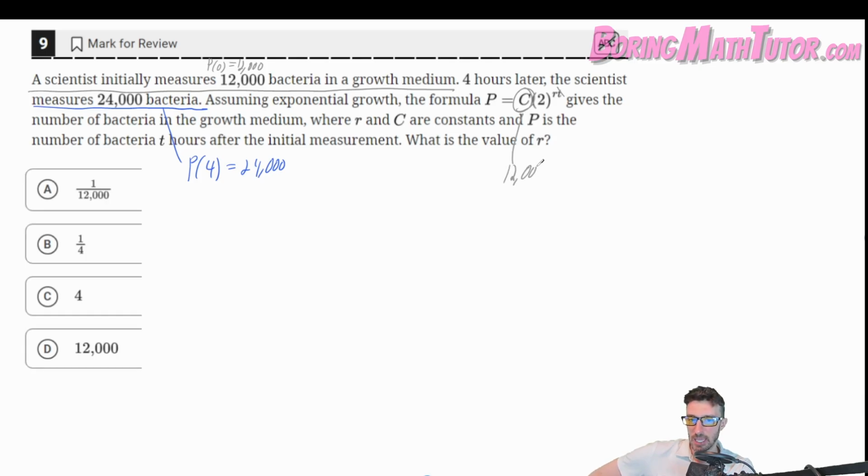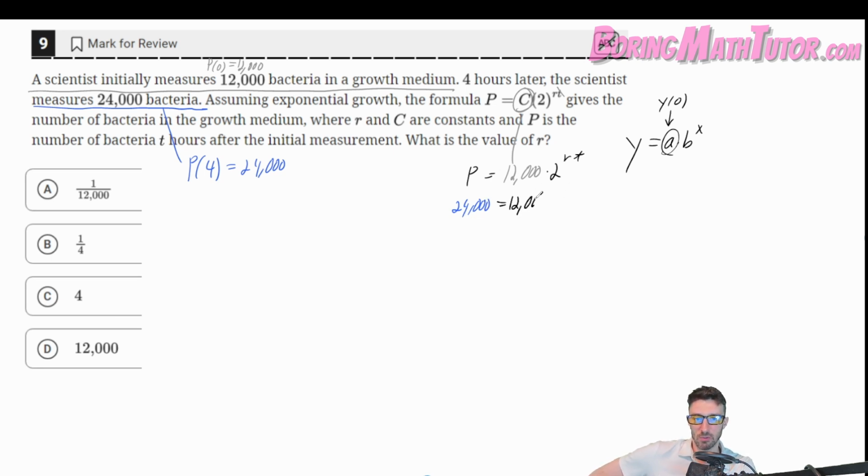So that's a handy thing to memorize: whenever anything is in the form of y equals a times b to the x, the a is always the y of 0 value. Anyway, now we have 12,000 times 2 to the RT equals P, and this is the time where we want to plug in the 24,000 and the 4.